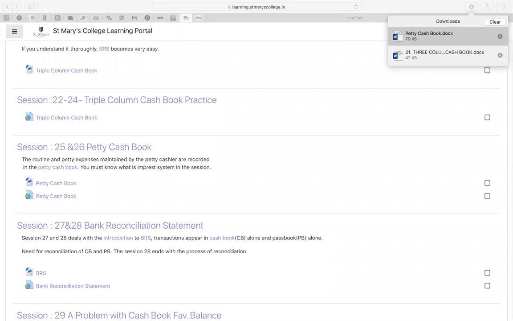The amount that he is receiving, he credits in the petty cash book, and all the amount, whatever is the payment, maybe he pays for the traveling expenses, maybe he pays for the postage, sometimes he may pay for cartage, sometimes he will pay for telegraph, telephone. So all these expenses are debited. Okay, and look at this. The petty cash book, broadly, it's of two types: columnar cash book and simple.